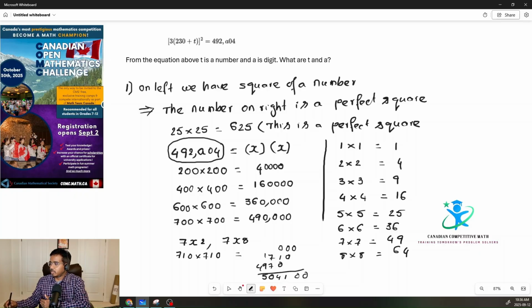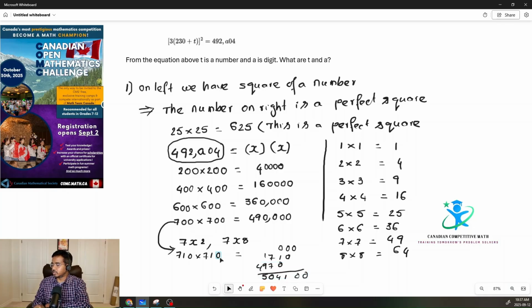So 710 times 710 is bigger than the number we are looking for. So the square root of this number should be in between 700 and 710.